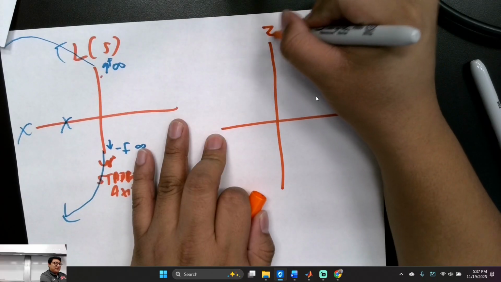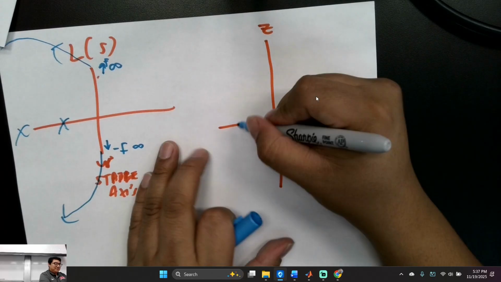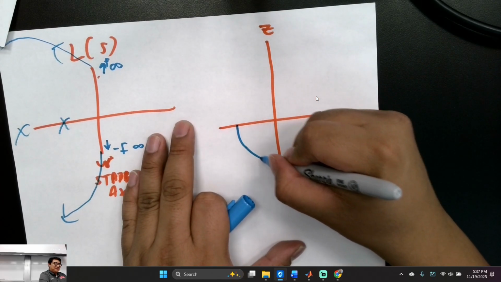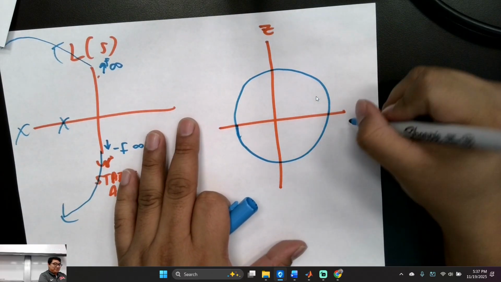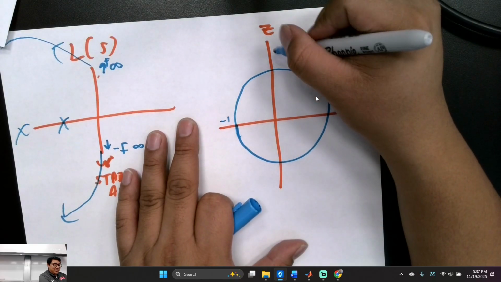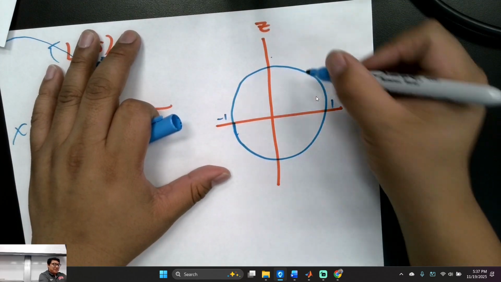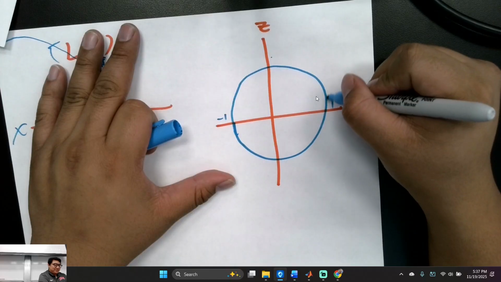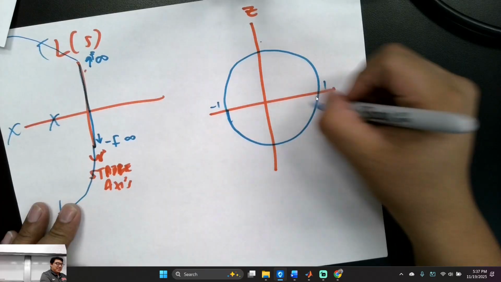Our Z domain, where you can do the following. Draw a circle. Is that a good circle? Yeah, it's okay. Where this is 1, this is -1, and this line right here is our imaginary axis.